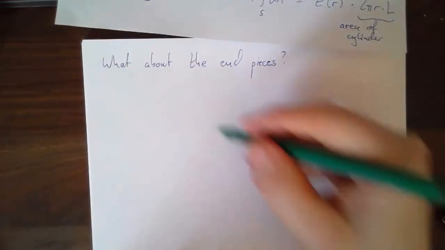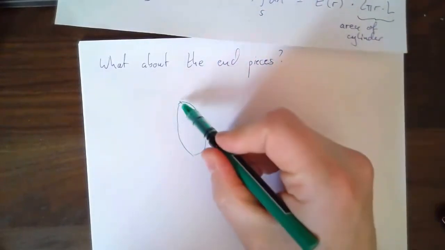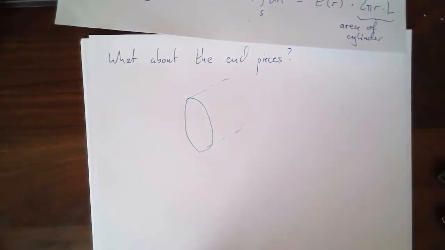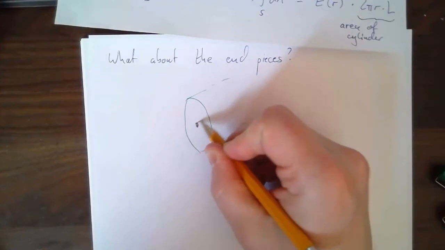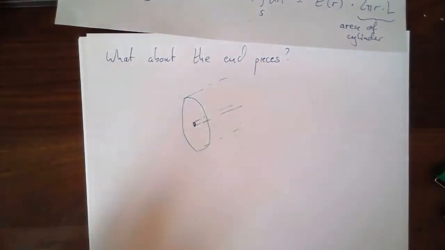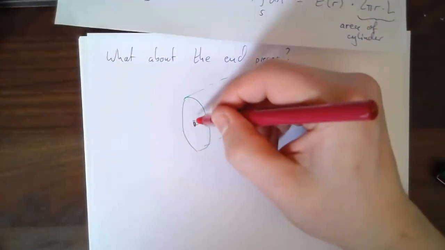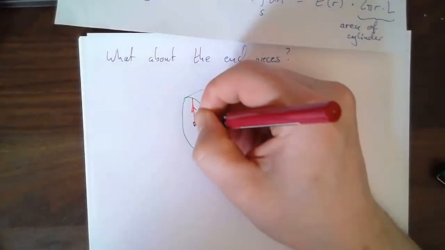Well, let me just draw one of those end pieces. Here's my end piece. The cylinder goes off like this, and there's the charged rod inside it, and that goes off like this. And I just care about the surface on the front. If I look at the electric field, we know the electric field is radially outwards, like this.